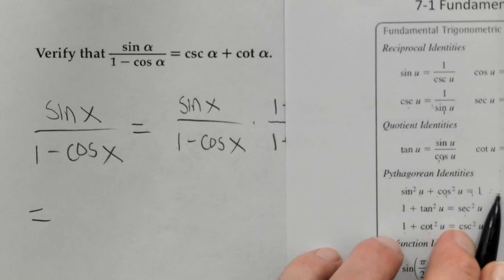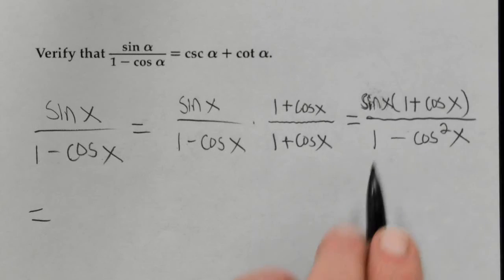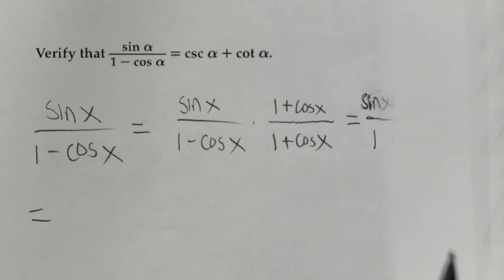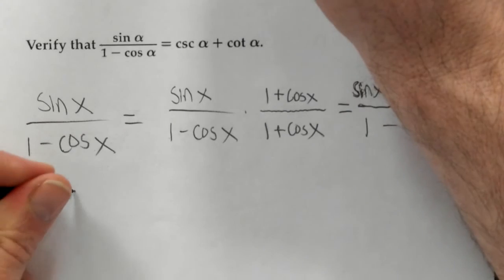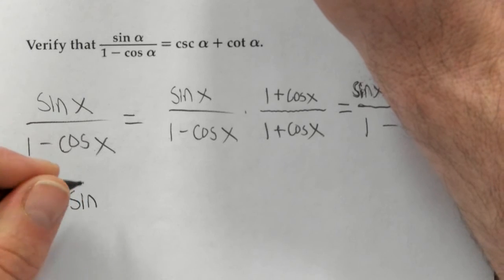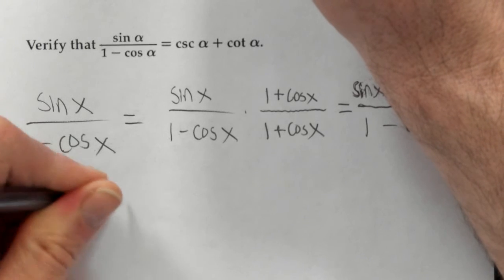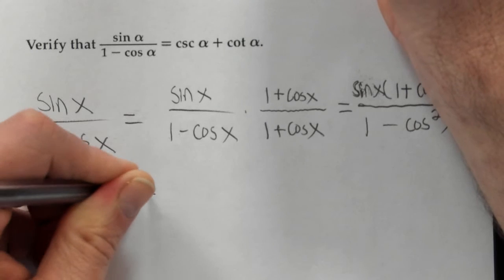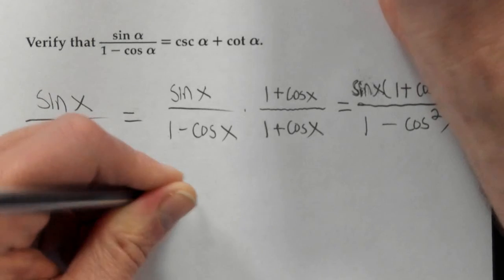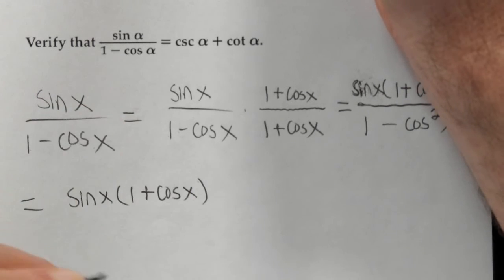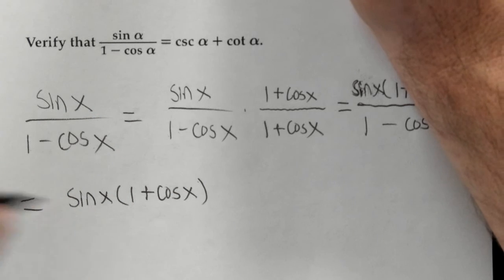So 1 minus cosine squared is equal to sine squared, so I'm going to change that. On the top we've got sine x times 1 plus cosine of x, and on the bottom we're going to change that to sine squared x.